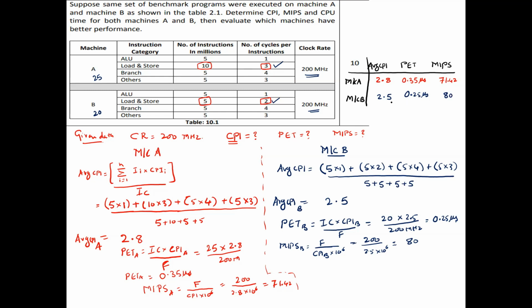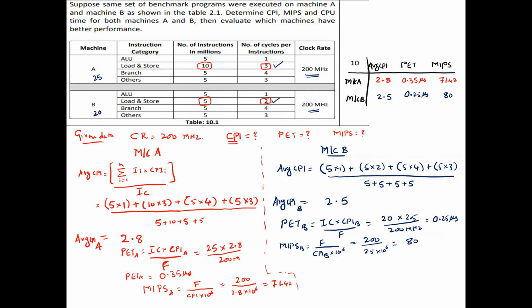Now make the comparison and tell which is giving the higher performance. Machine B will execute in 0.25 microseconds, right? It is taking lesser time. Program execution time is lesser. And it has a capacity of executing how many instructions? 80 million instructions per second.